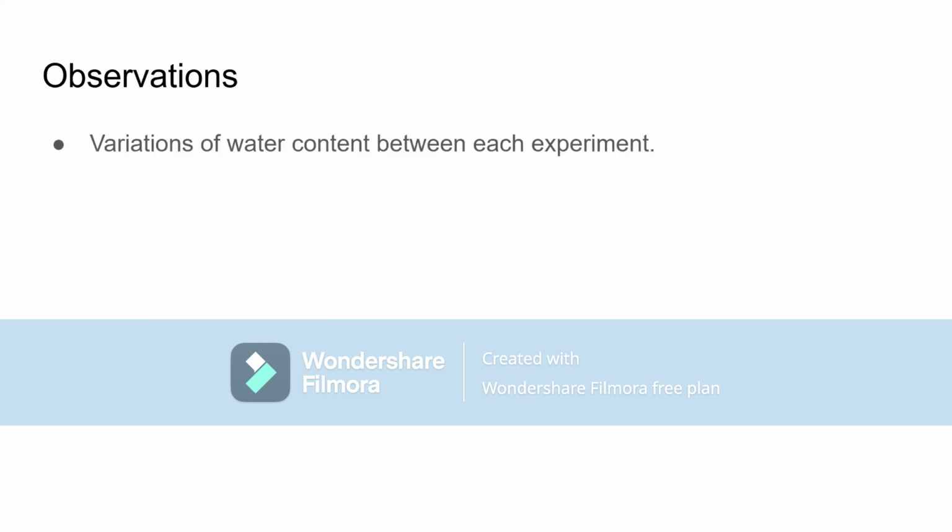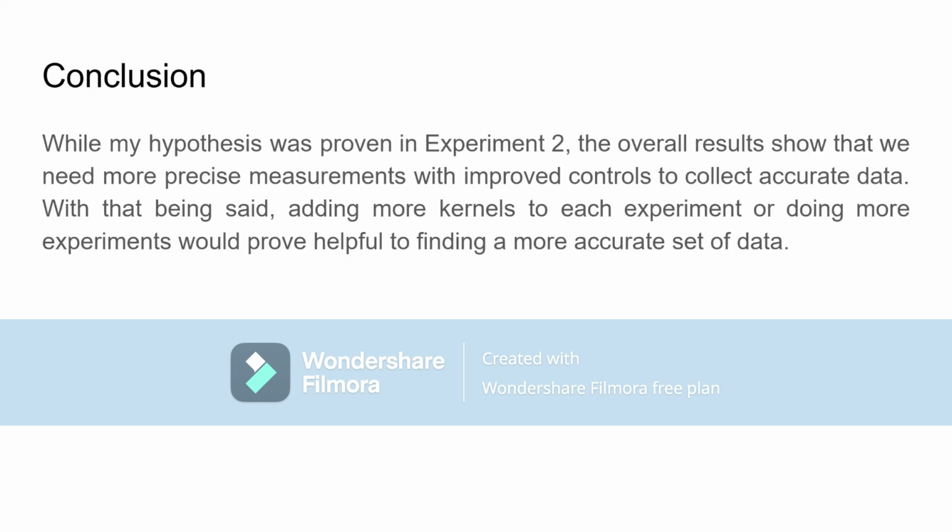So the main observation that I had was the variations of water content between each experiment. They weren't very similar. It was always going to be different. It was hard to figure out why. The variations in each water measurement were always changing.